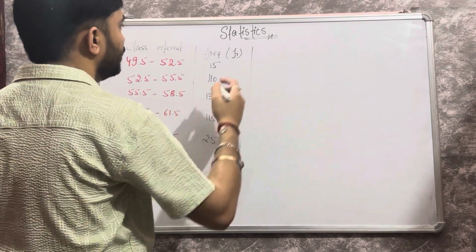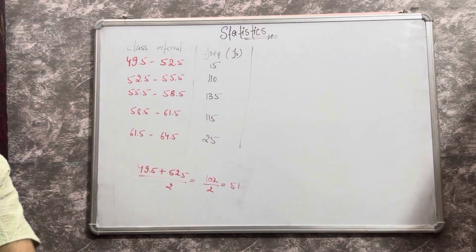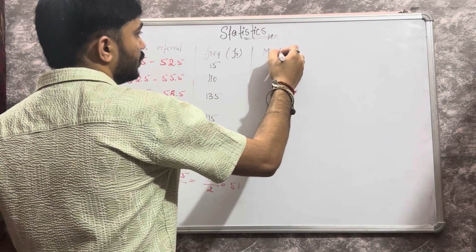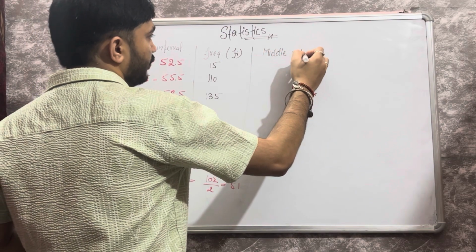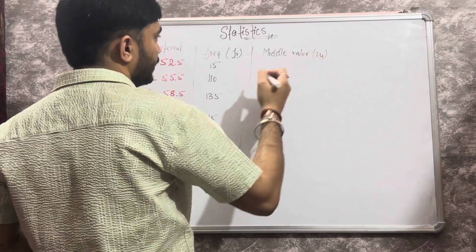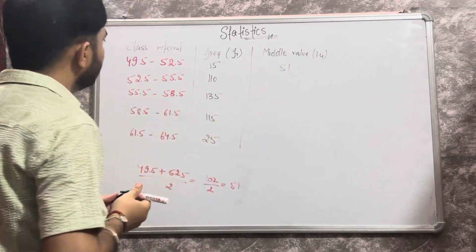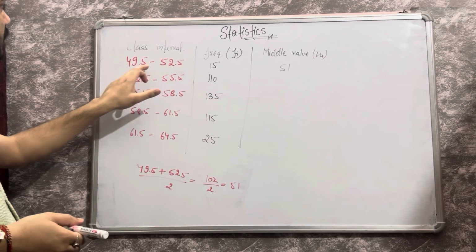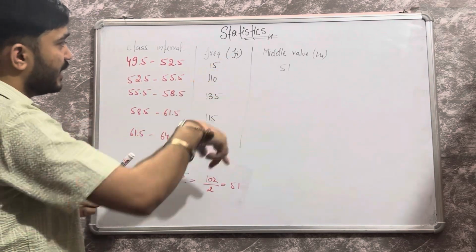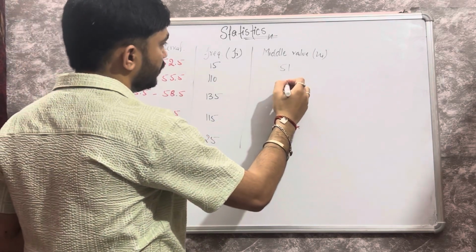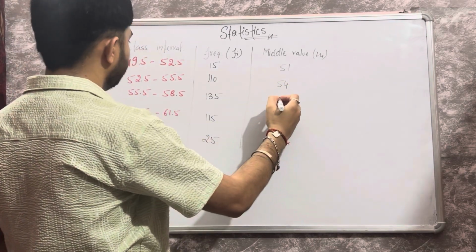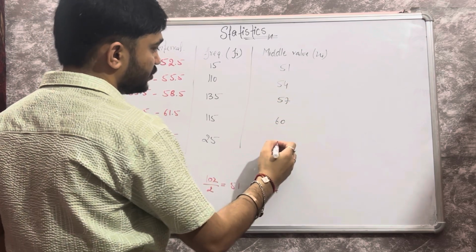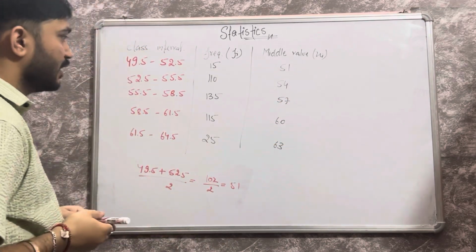That is, the middle value xi here will be 51. Now note the difference between these is 3. So add the value 3 to this, you will get 54, then 57, 60, 63. Any doubt?